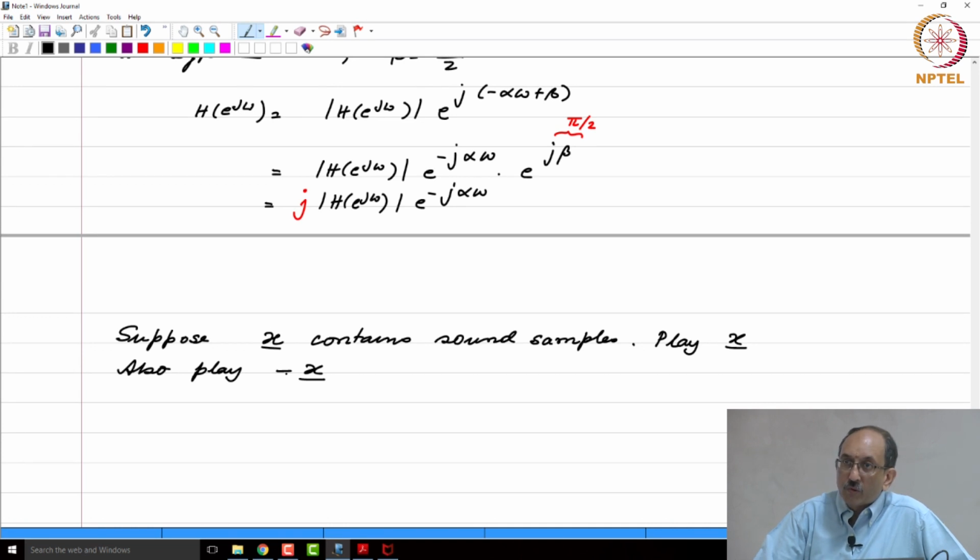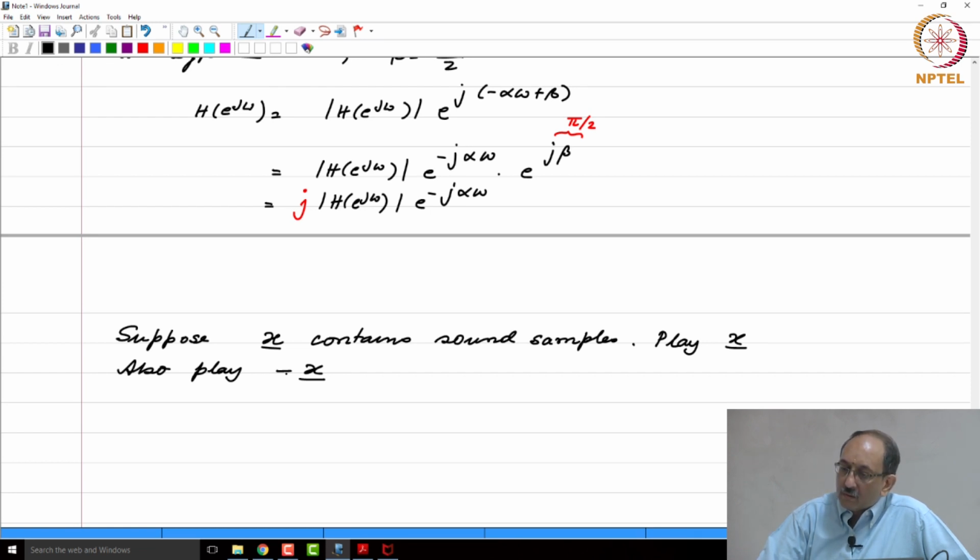And now, if you close your eyes and then somebody else plays these two files at random, x and minus x, you will not be able to tell the difference. If you are able to tell the difference, you need to see a doctor, right. So, the ear is completely insensitive to fixed changes in phase. All right. So, this is one aspect. Why is it so? We do not know, we are like that.